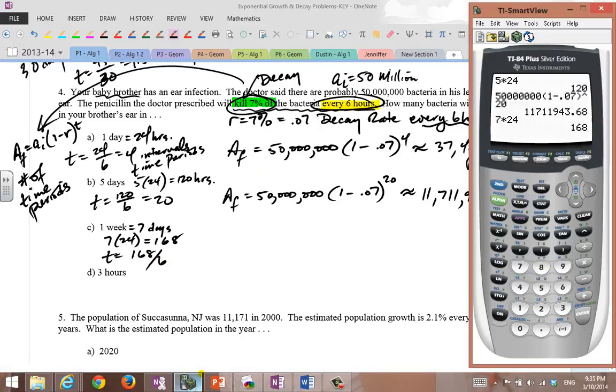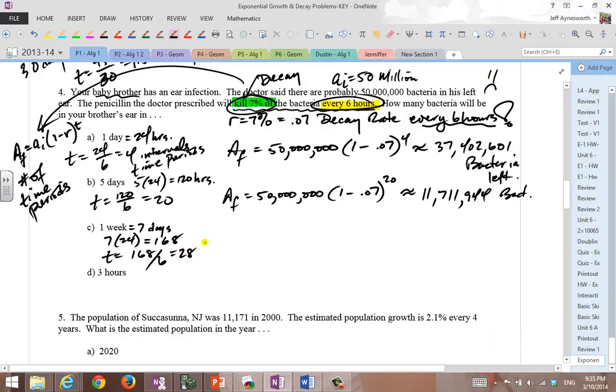That's 28. So there's 28 time periods that have passed, or you can say intervals, okay? So what's my future amount? 50 million times the quantity 1 minus 0.07 raised to the 28th power.